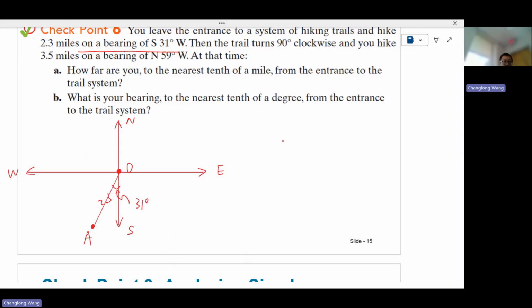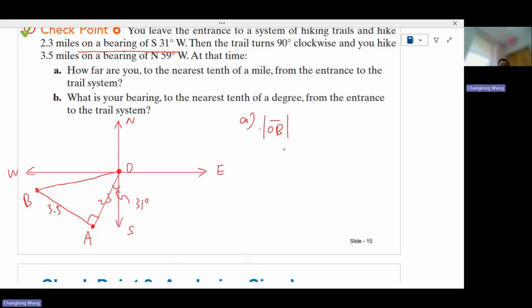Sometimes it does make a big difference. So now the guy will be moving in that direction. That's the right angle. He gets to the point B, and the distance is 3.5. And you have a right triangle. Now letter A is simply asking, what is the distance from this guy to the entrance of the trail? So it's asking how much is the distance OB.